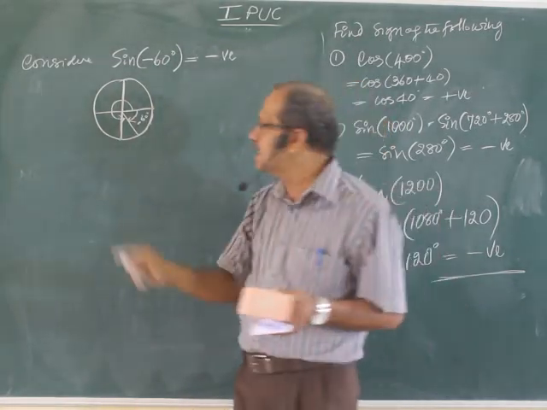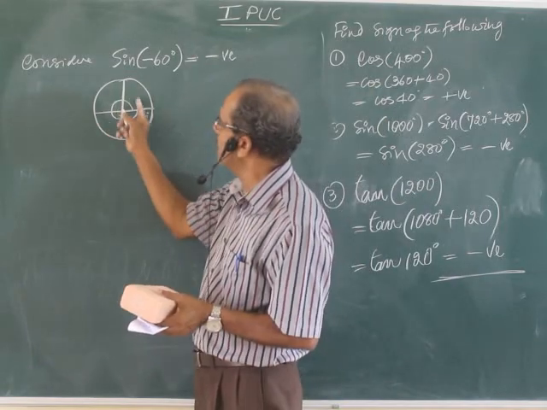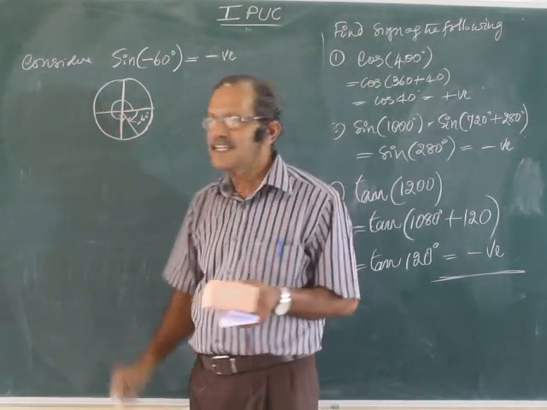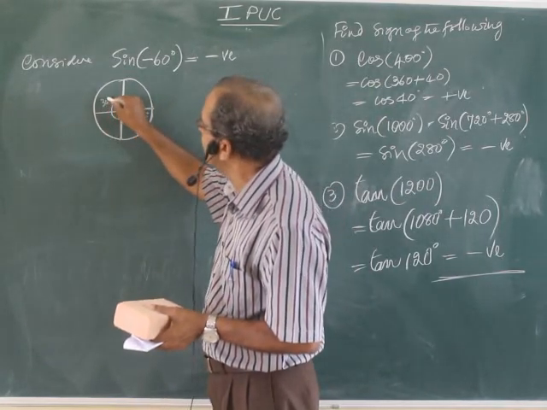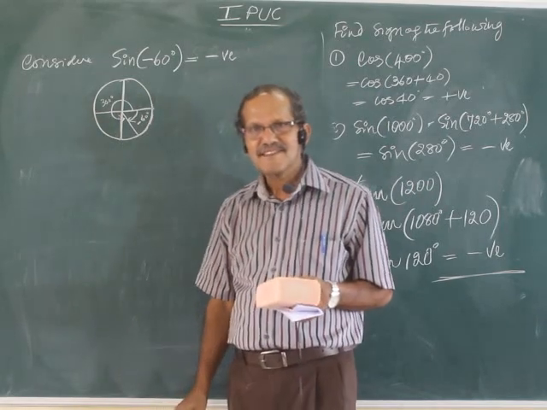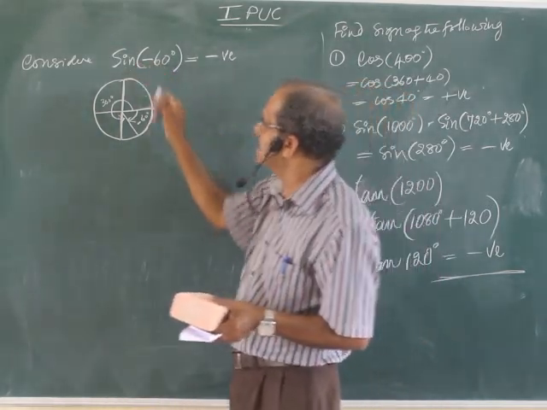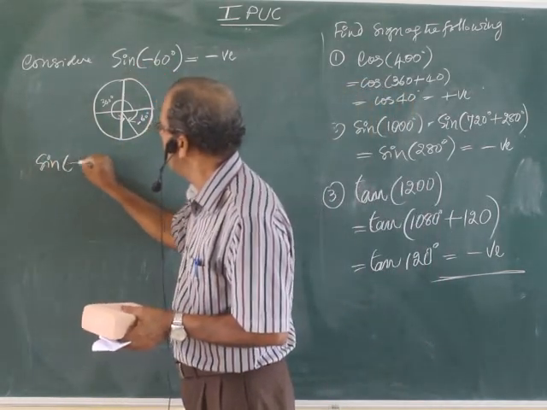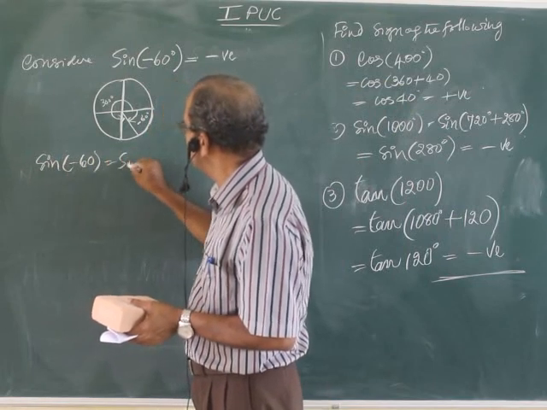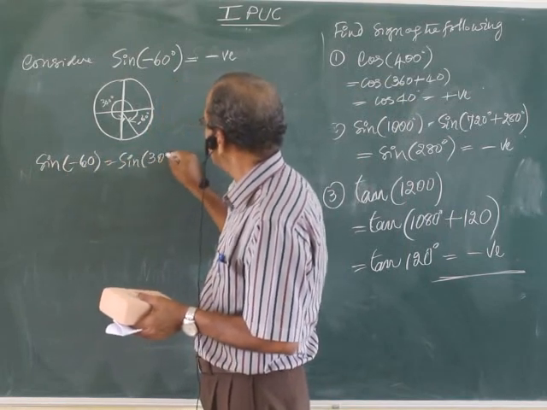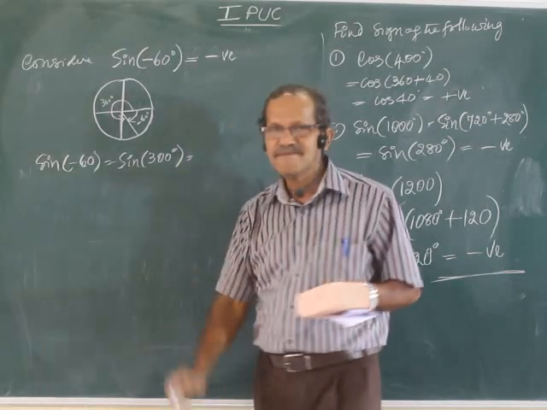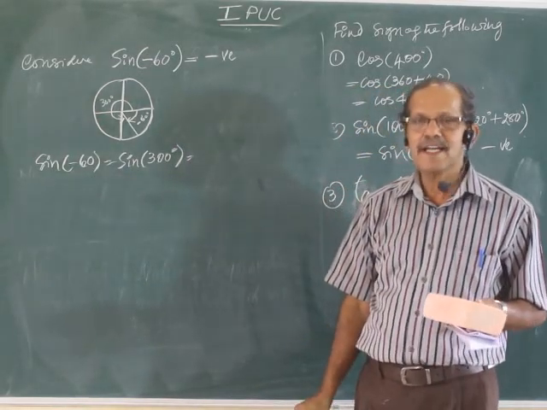But remember, when you see the same angle from the positive side, it is actually 300 degree. Therefore, I can write sine of minus 60 and sine of 300 degree are one and the same. Make the idea clear, please.